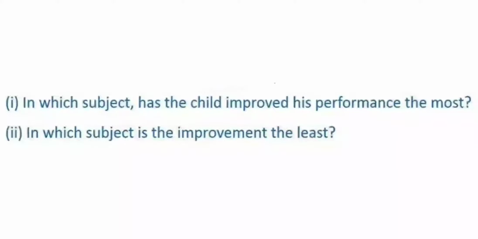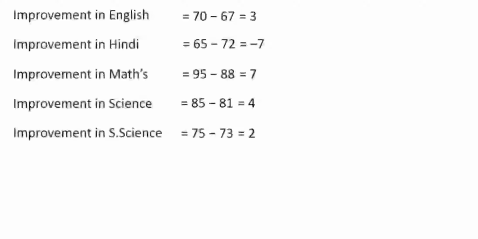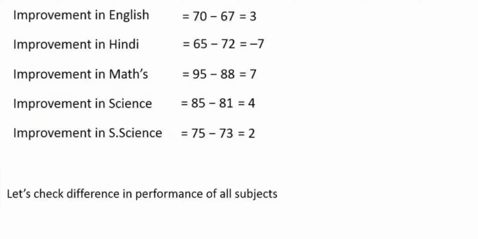So first we calculate the difference between the two terms for the different subjects. Improvement in English is 70 minus 67, the difference is 3, Hindi -7, Math 7, Science 4, Social Science 2. So here are the differences.